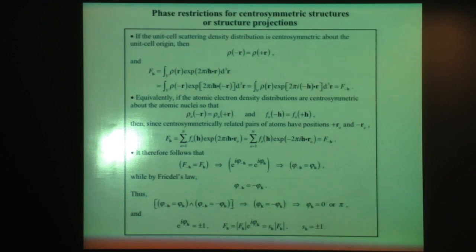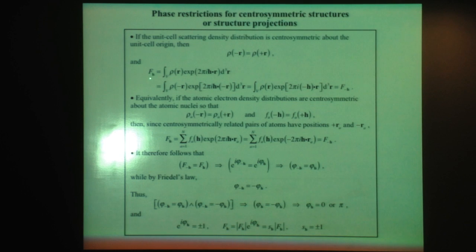Now, in protein crystals, in general, biological compound crystals, even if we're just talking about crystals of simple amino acids, that's not the case. In general, the unit cell is not centrosymmetric. But if it were, then for the structure factor, if this condition holds, we replace rho of r by rho of minus r in both these places, in the exponent and in the multiplier out front.